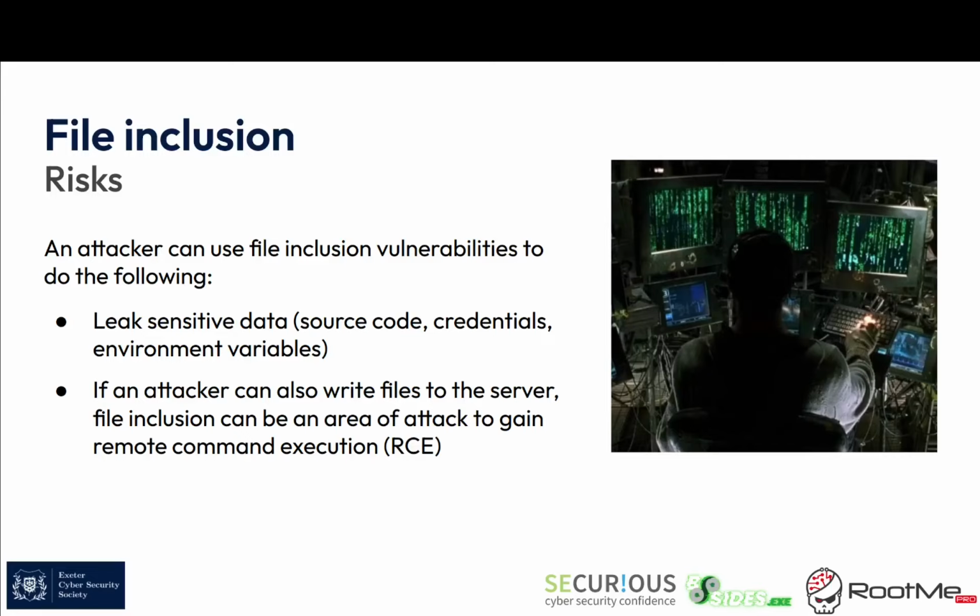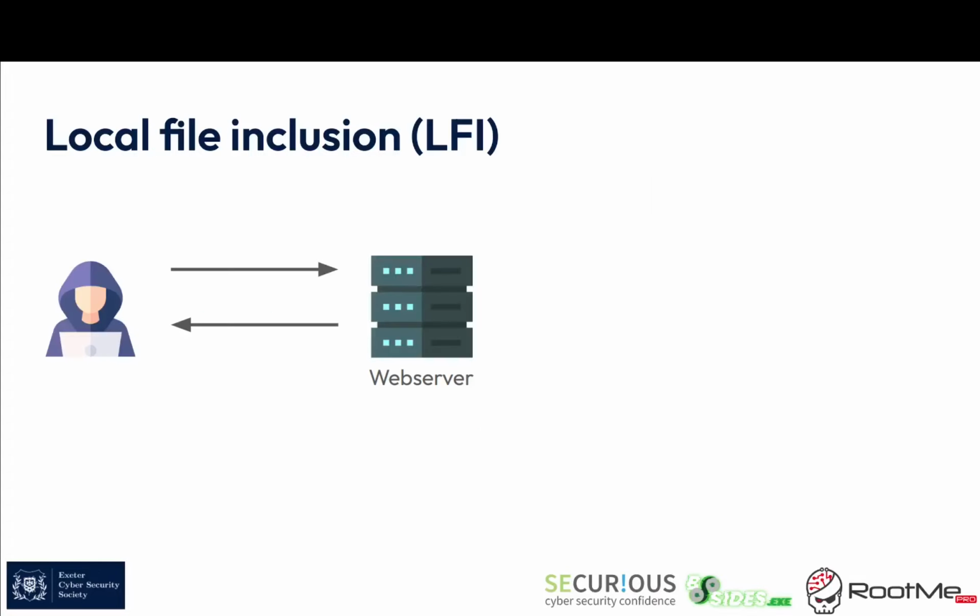If the attacker can also write files to the server, so if you have a way of injecting code into the server files, using file inclusion you can even gain remote command execution. We will talk a bit more about this later, but if you can inject code into a web server and then include the file with the code through inclusion, you can actually execute the code that you have injected into that file.